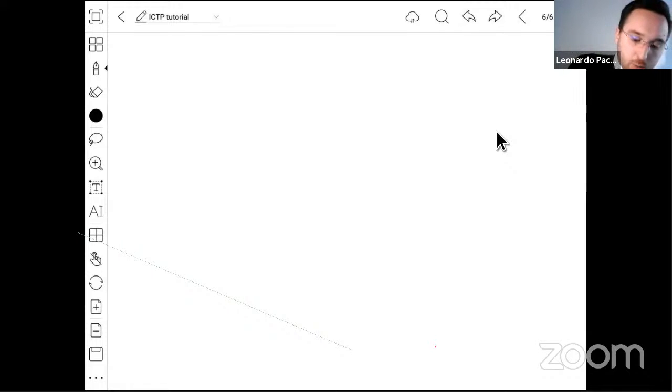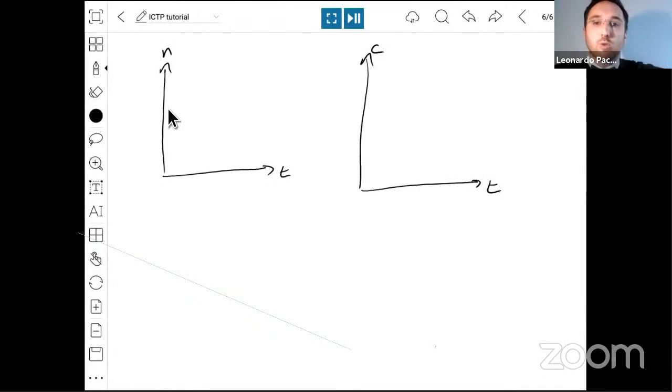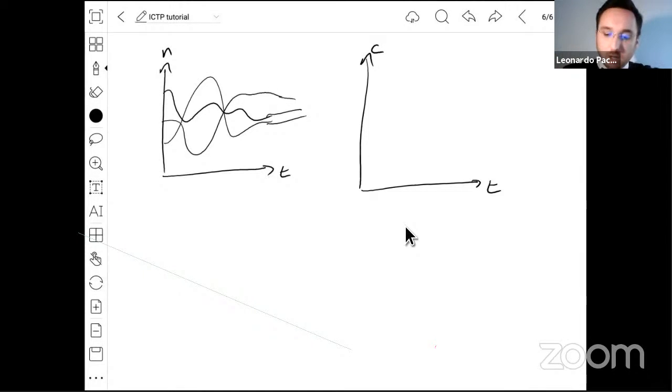Probably this is going to be clearer. So in general, if we didn't make this assumption, we would have a solution for the populations and a solution for the resources. Let's assume that the populations at a certain point converge to a value.